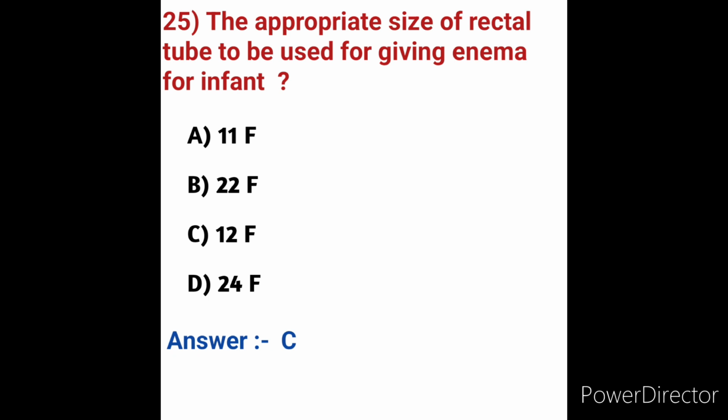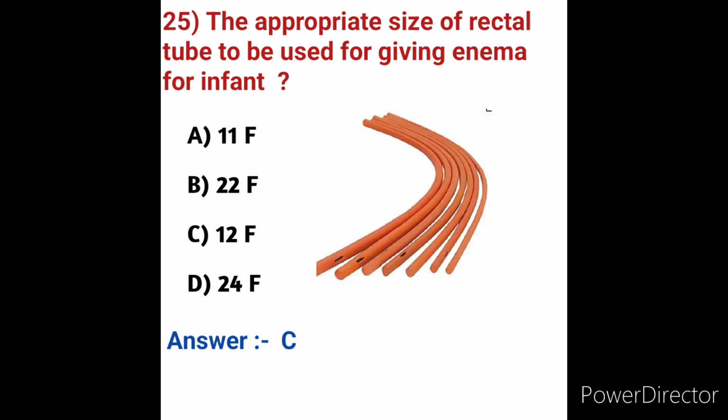Not only infants, from the newborn baby to under 3 years we use microlax enema. With the soft silicone tube, here we are seeing this Foley's catheter. Through the Foley's catheter we deliver an enema to an infant baby with 12 French. Option C is the correct answer here. The appropriate size of rectal tube to be used in giving enema to the infant is 12 French.